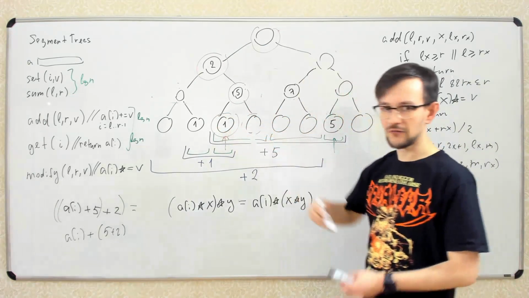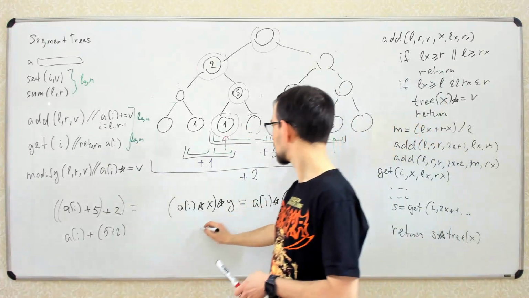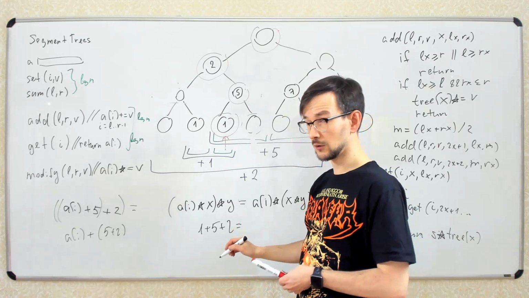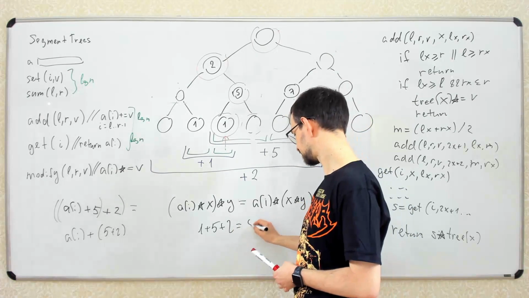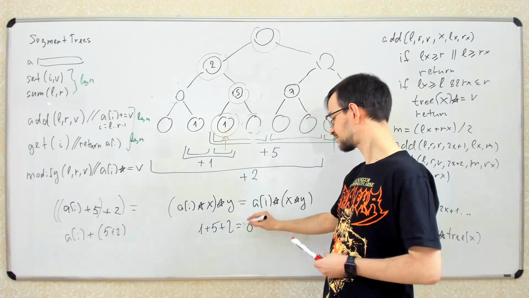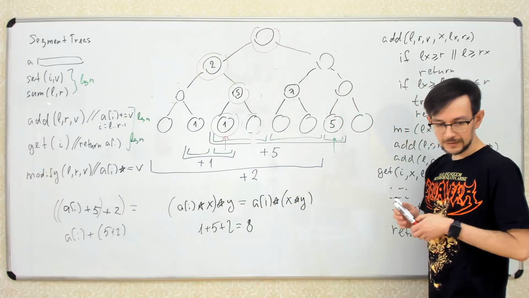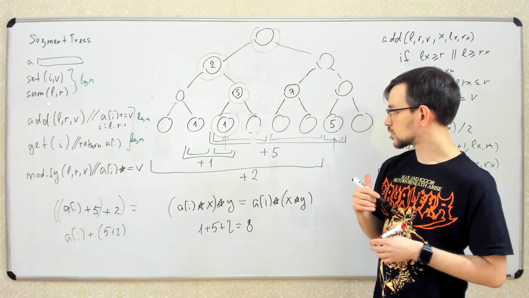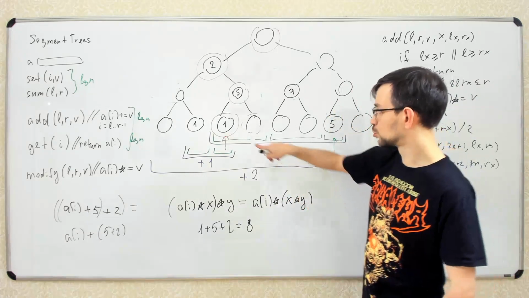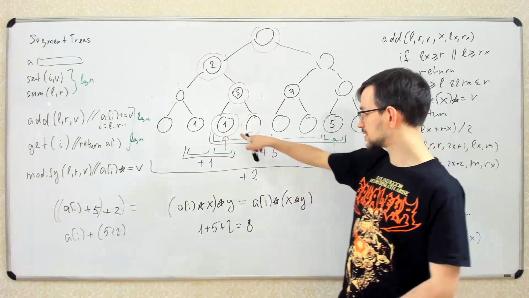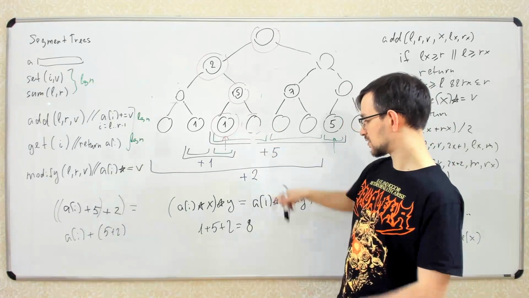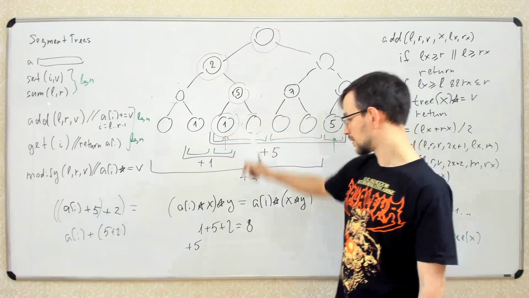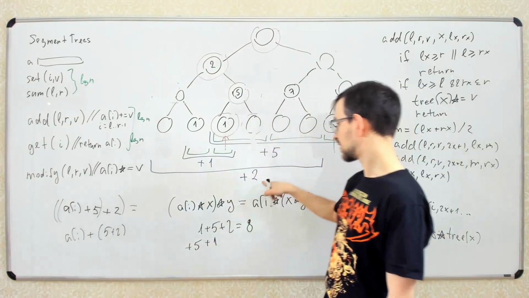So the final value will be 1 plus 5 plus 2, equal to 8. But that's not what actually happened to this node. Actually, to this node happened the following: we had this node, we first add 5, then we add 1, and then we add 2.